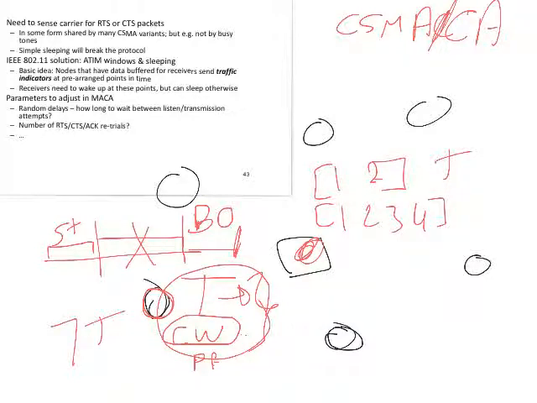If we increase the contention window, then the probability that you and I will generate the same random number is lower. So the more range we use for the contention window, the lower the probability is going to be. So this way, we are reducing collision. But again, at the cost of latency.